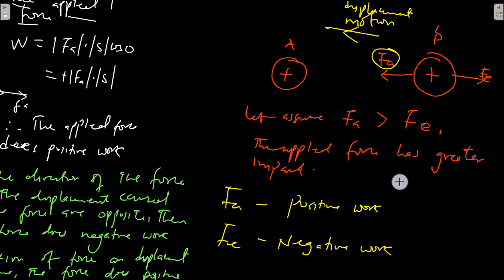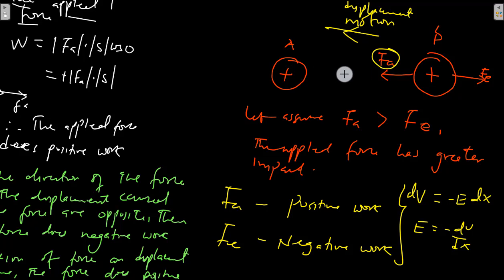You may recall, perhaps from electrostatics, that the electric potential due to a charge is given by negative E dx, or E equals negative dV dx. That's how we come to have this negative here, because the electric field is opposing, yet the displacement is towards the charge that is opposing.